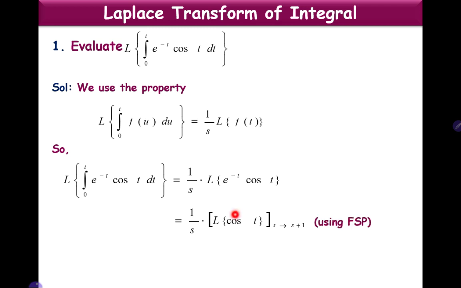Now what is L of cos t? L of cos t is s by s square plus 1, because L of cos at is s by s square plus a square, and a is 1 here. Therefore this is 1 by s times s by s square plus 1, where s should be replaced with s plus 1. Now we simply replace s with s plus 1 in this term.